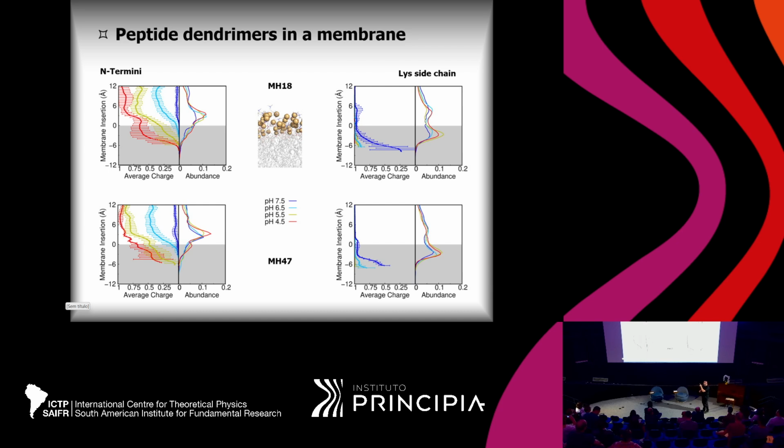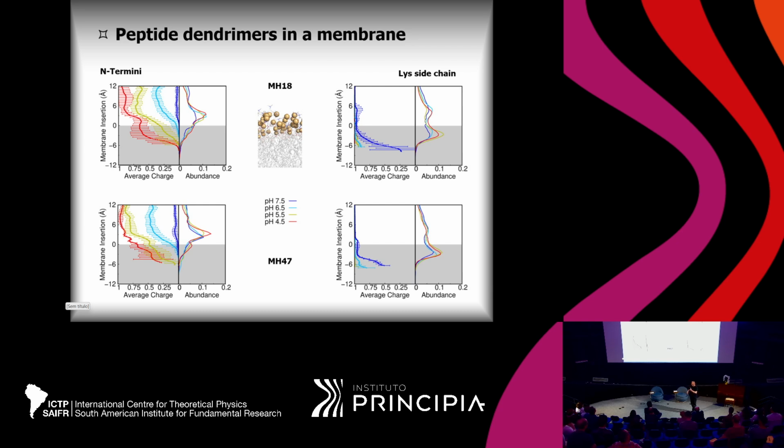But then this is a more complicated plot, and I don't have much time. The idea is, if we follow the protonation on 18 or 47, the protonation of the lysine is not so important, but the N-termini are the ones that need to charge once you go from pH 7 to 4.5, right? These are the ones that are going to make the trick. And the profiles are exactly the same.